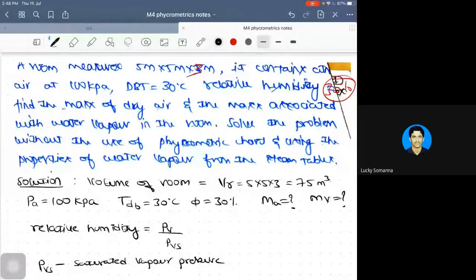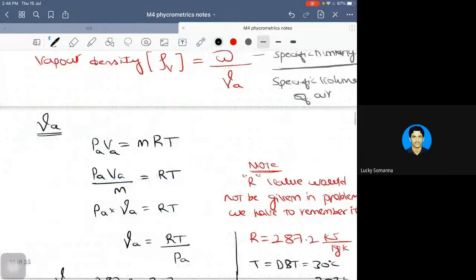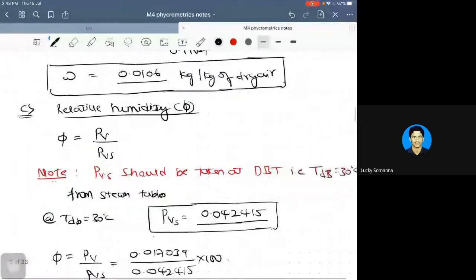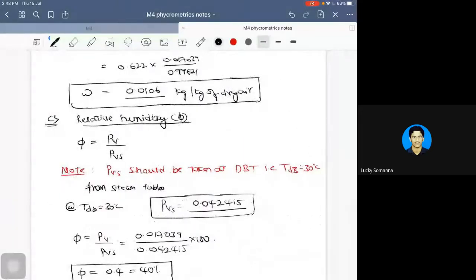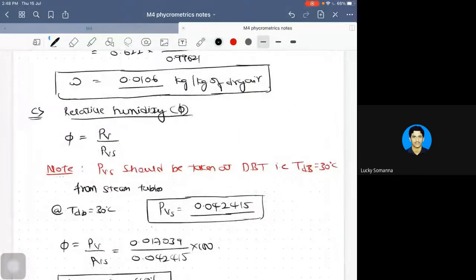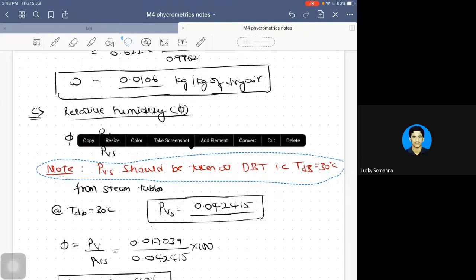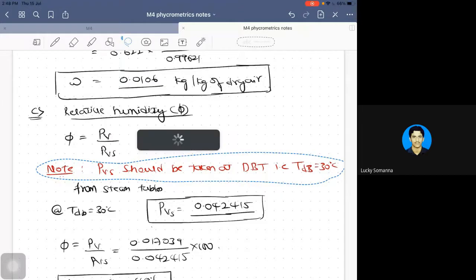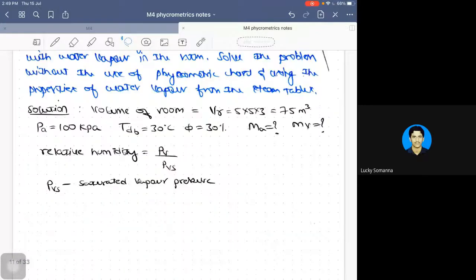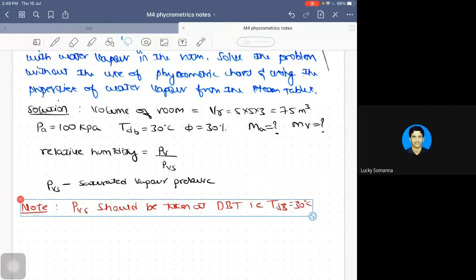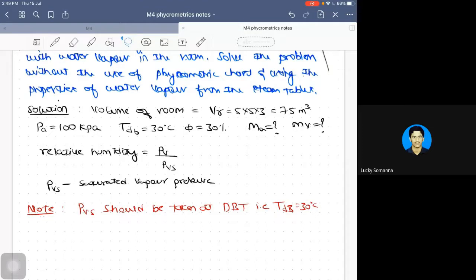It is dry bulb temperature. You can refer to the previous problem, where I have given a note. Same thing I am using here. Note: PVS should be taken at the dry bulb temperature, TdB, that is 30 degrees Celsius. Here also it is 30 degrees Celsius.